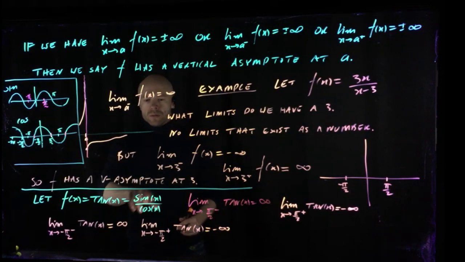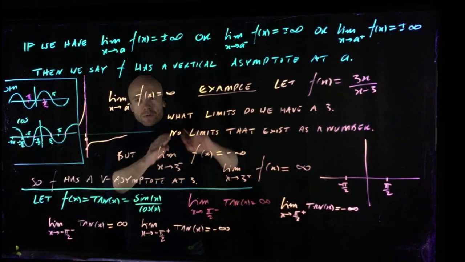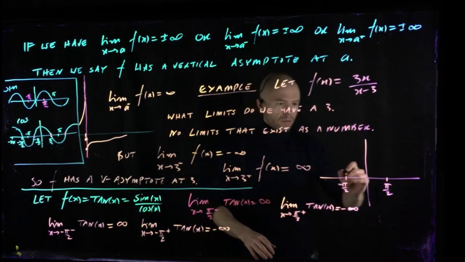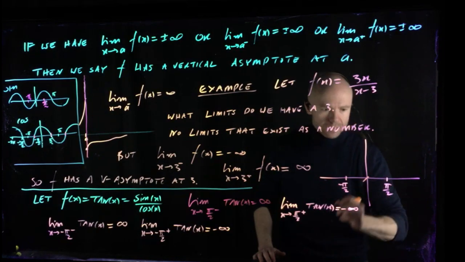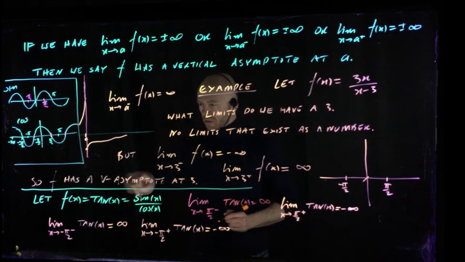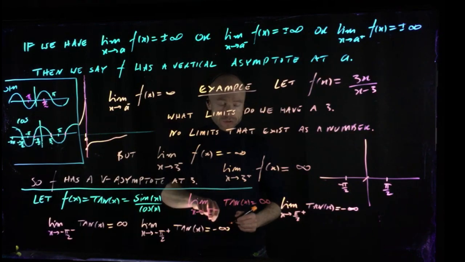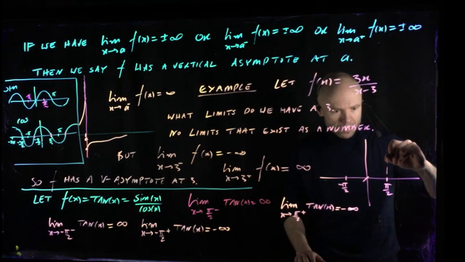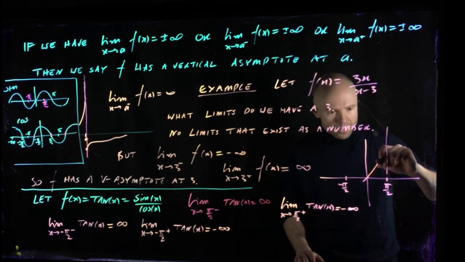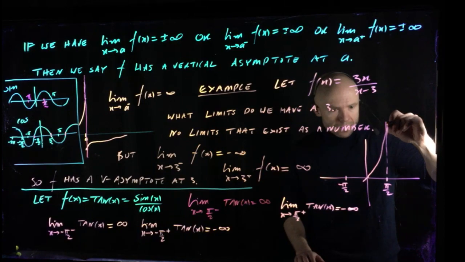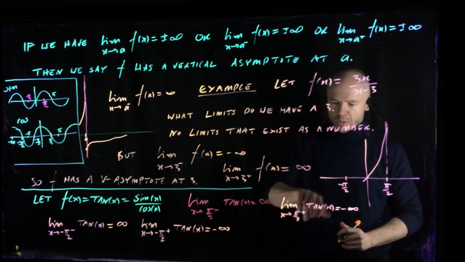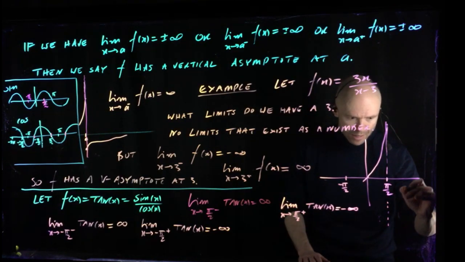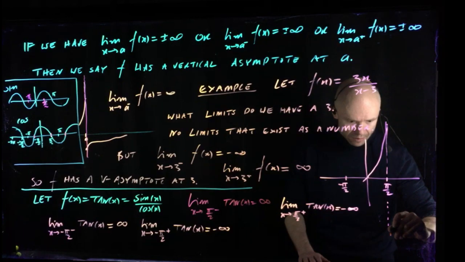When we are close to 0, the graph of sine looks like this, and the graph of cosine is 1, so it's going to just look like sine itself. And as we go towards pi over 2 from the left-hand side, from numbers less than pi over 2, we are tending up towards infinity, so it's going to blow up like this, with a vertical asymptote like this. And as we approach pi over 2 from the right-hand side, numbers bigger than pi over 2, we have this kind of vertical asymptote like this.